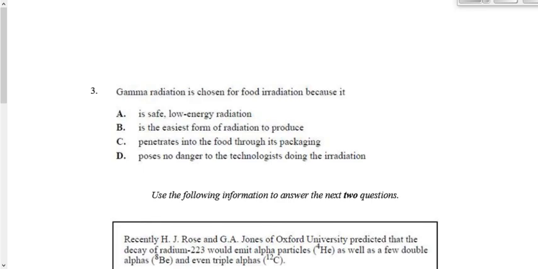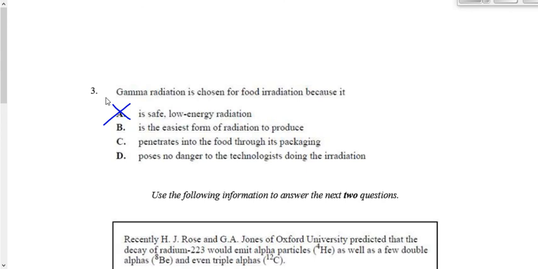3, gamma radiation is chosen for food irradiation because, anyone? It's a safe, low-energy radiation? No, definitely not. Is the easiest form of radiation to produce? Definitely not. What would be the easiest form to produce, probably? You could argue that that's a matter of opinion, right?